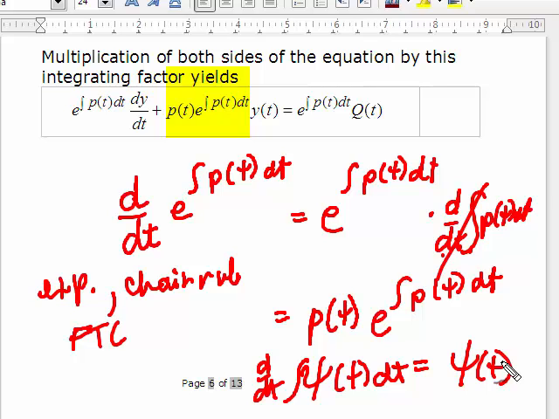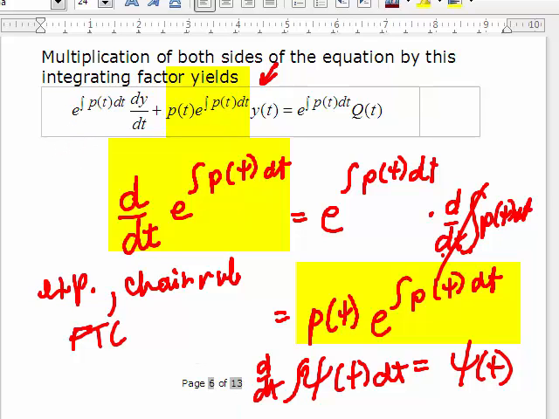And that's what I did. And so now I end up with what I have here. Here's my result of differentiating this, which shows that the term right here is the derivative of the integrating factor.